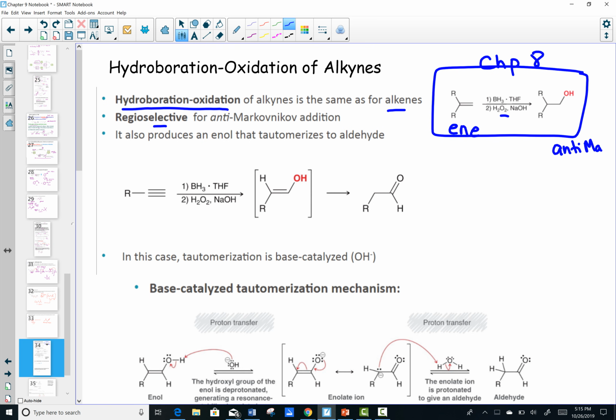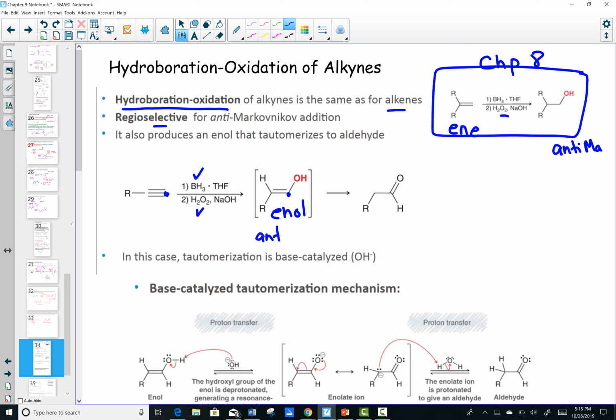So interesting here. Here is a terminal alkyne, and a moment ago, the double bond ended at carbon 2, the most substituted carbon. It followed Markovnikov's addition. But now in the treatment with boron and peroxide, we really have the same enol intermediate, but the OH is added to the carbon of the least substitution.